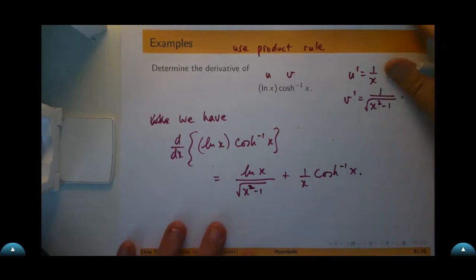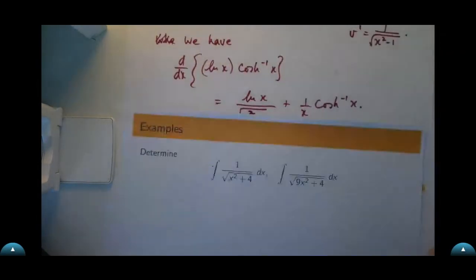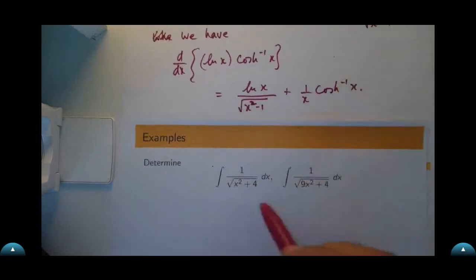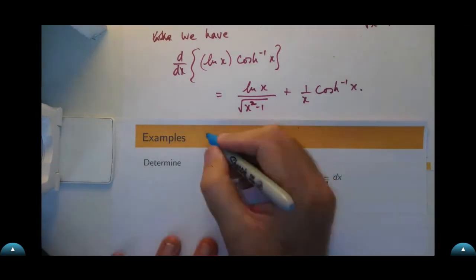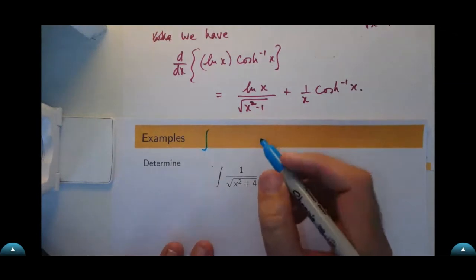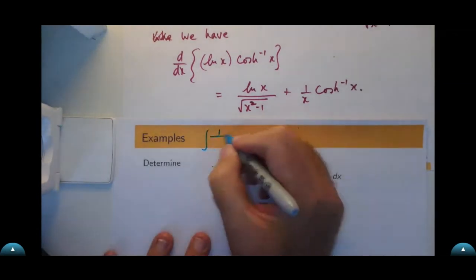Let's look at some more important and interesting examples. Okay. Now these look simple, but actually they're not so simple, right? But what we can do is make them simpler. So the most important identity here is something like this.